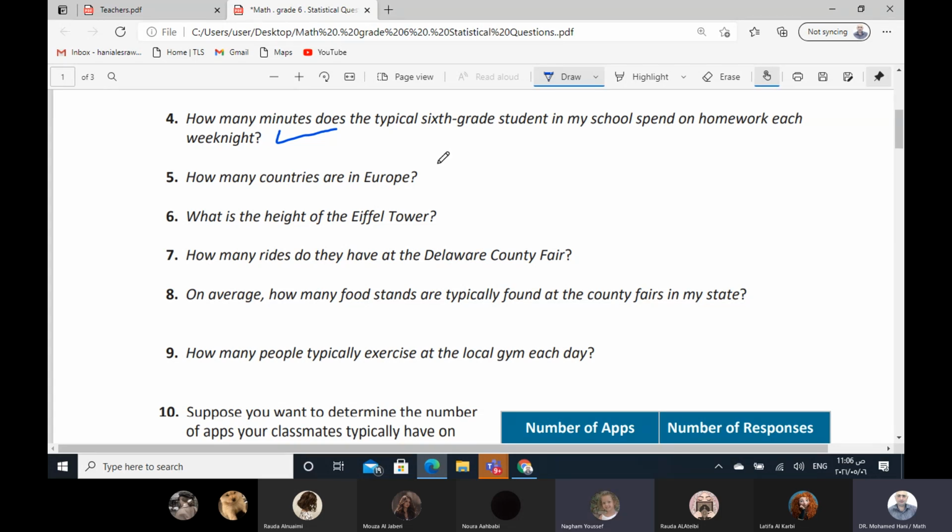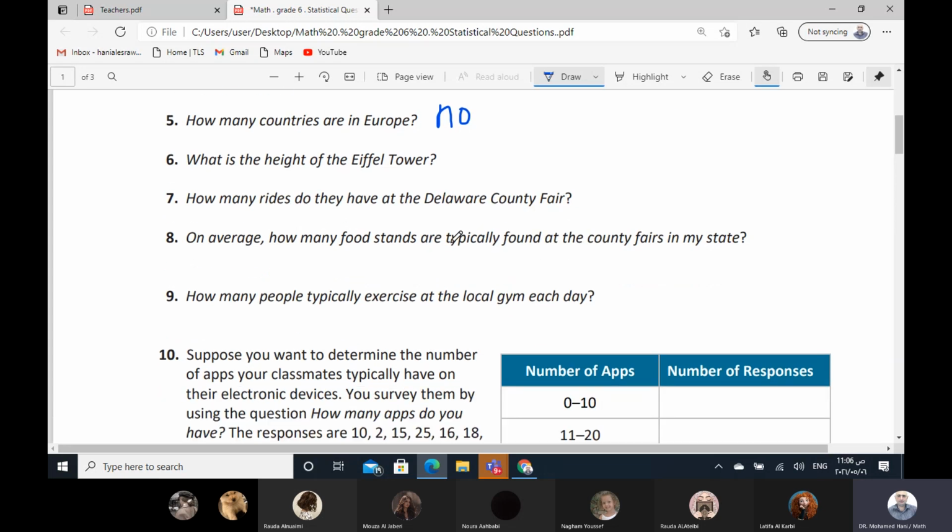Not statistical. So this is not statistical. What is the height of the Eiffel Tower? Not statistical. So this is not.